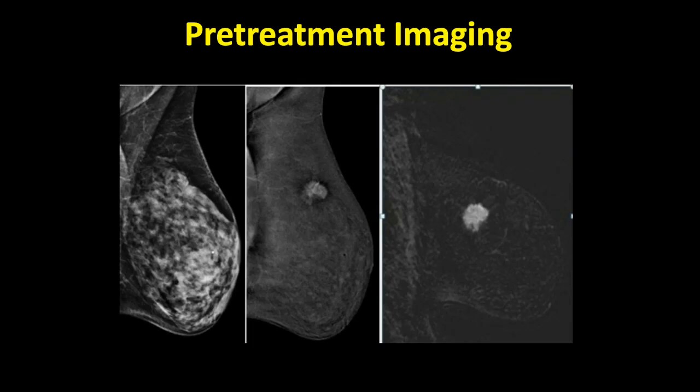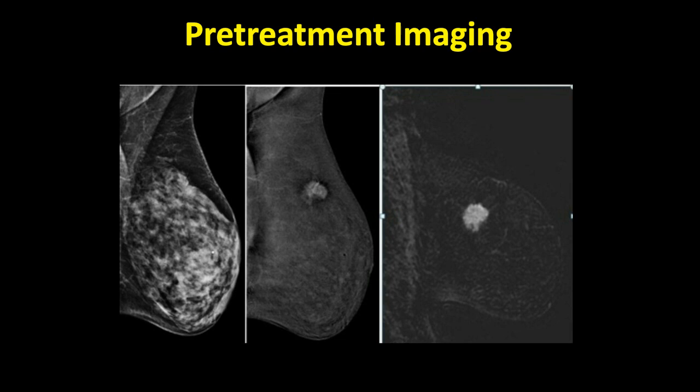And here is an example of one of their patients. You can see a large enhancing mass on the contrast mammo, also seen on ultrasound and MRI. You can see there's a feeding vessel into this mass. During neoadjuvant chemotherapy, the enhancement went completely away, and this was a pathologic complete response.